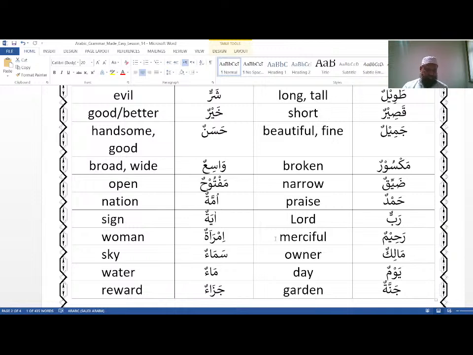There's a word for it in English, I have to recall now. So this is a masdar of the fail jaza, to reward. Jaza yajzi, jaza'un is the masdar.